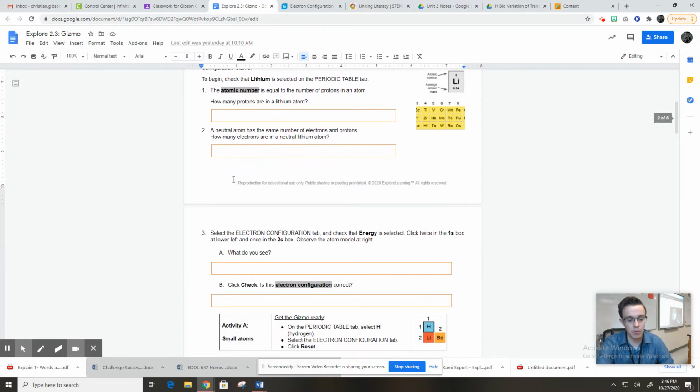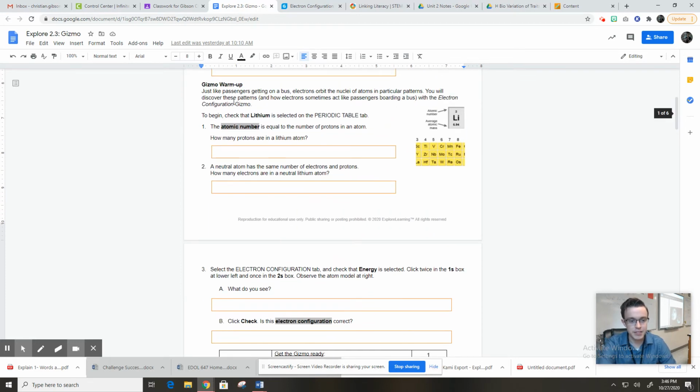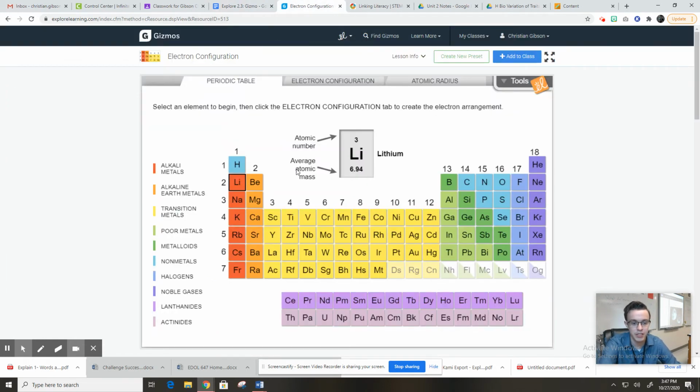Looking at the Gizmo warm-up, it says, just like passengers on a bus, electrons orbit the nuclei of atoms in particular patterns. You're going to discover these patterns today with electron configuration. To begin, it says check that lithium is selected on the periodic table tab. So let's go over here, periodic table, and we've clicked lithium. Now, if you want to change the element, you just change it. But we've clicked lithium, so it's popped up here.